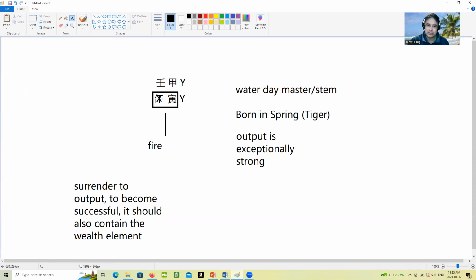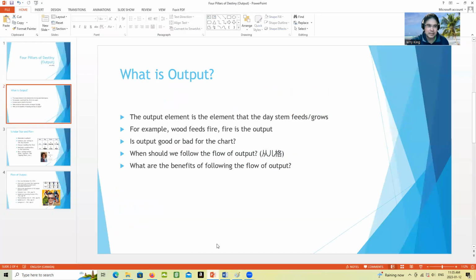If this person doesn't have the horse underneath the Ren water, then you gotta wait till the luck cycle hits. So you gotta wait until the horse actually shows up in the luck cycle, and then suddenly, boom! In that 5 to 10 year period, you end up making a lot of money. Well, this person makes a lot of money. Okay. We'll go back to this.